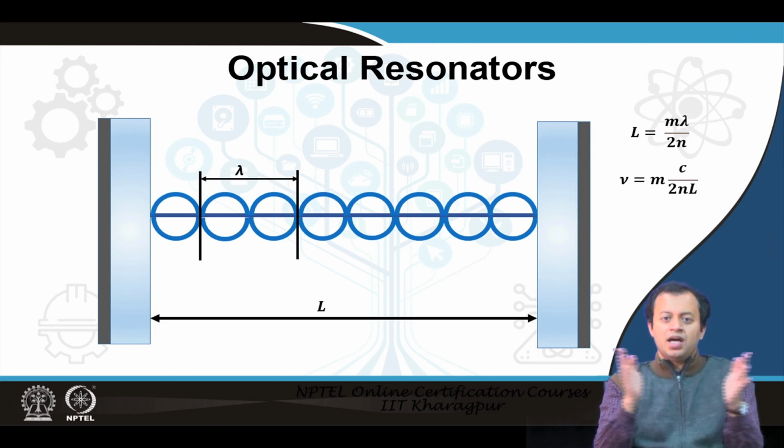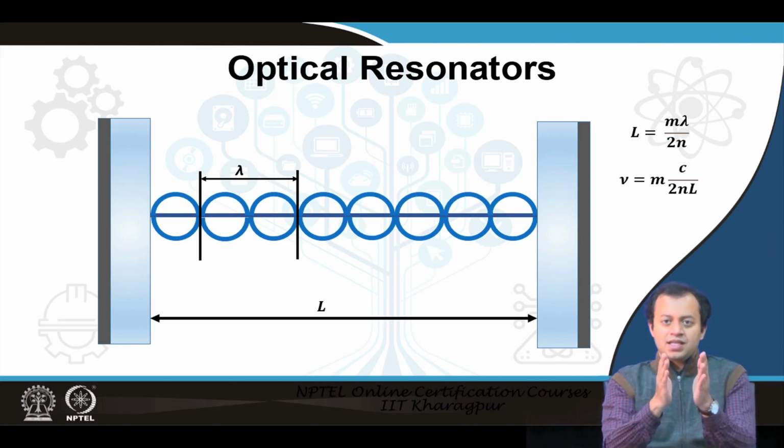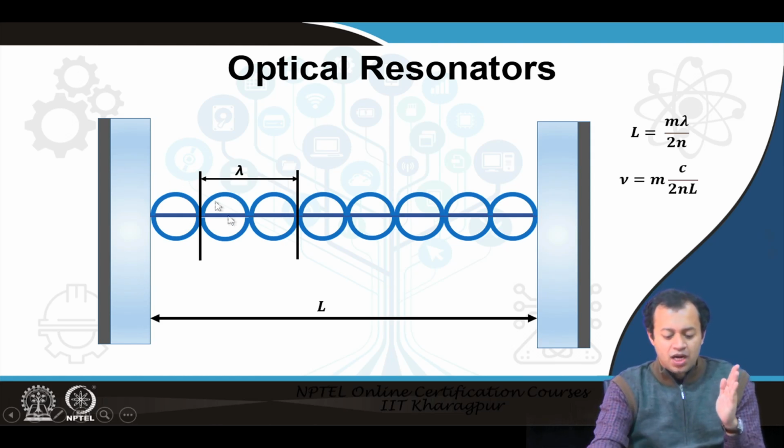If you can change the lambda, you can select the lambda that can survive. Only that wave can survive inside these two mirrors which has a full round circle. When it comes back to the original position, it has gone through the exact 360-degree phase shift. Any other lambda will no longer be accepted.